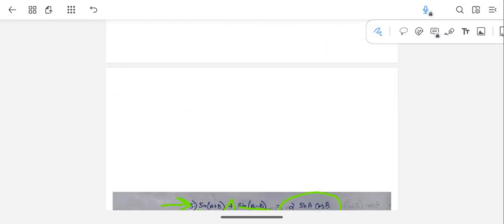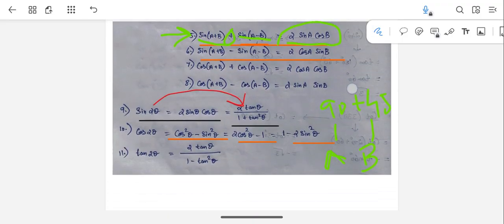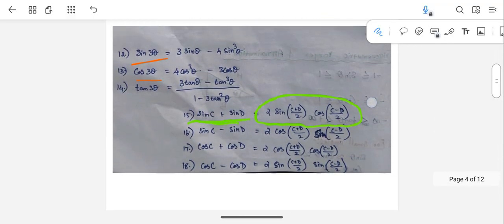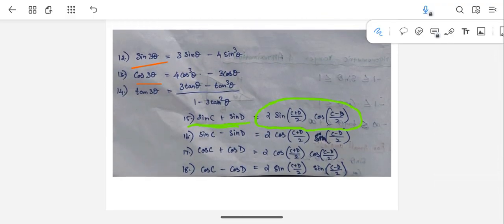In trigonometry, everything you just want to remember. Why? Because even in the last class I told you, in your NEET examination no one is going to ask what is sine 3 theta, what is sine 2 theta, like that. They are not going to ask.